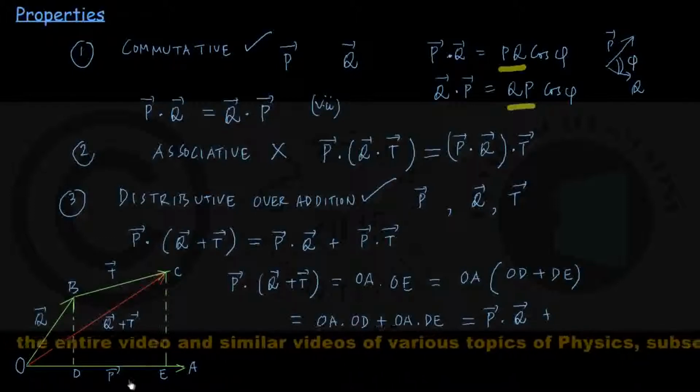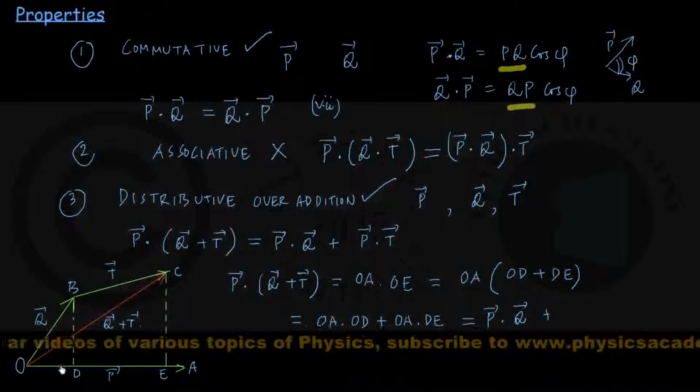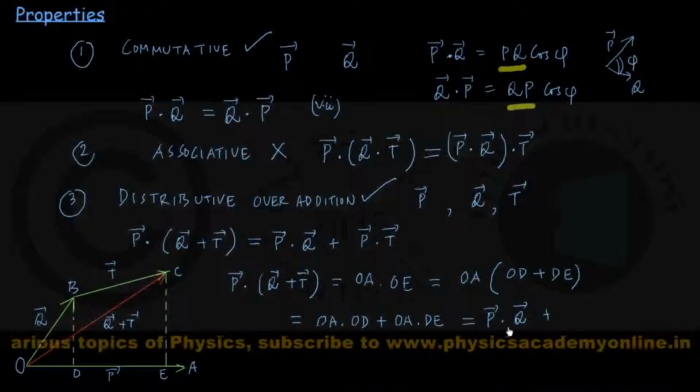Here OA is the magnitude of P and OD is the magnitude of the component of Q along P. So OA into OD is nothing but P dot Q.